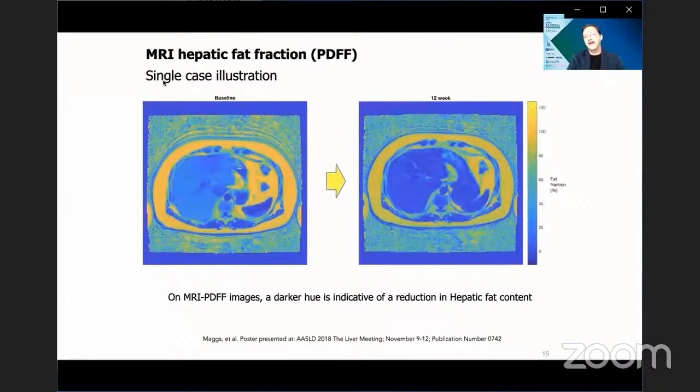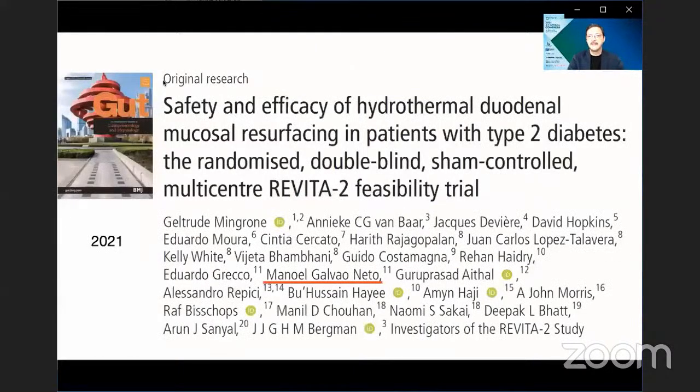Highlighting the positive impact on the liver, fatty liver, NASH, NAFLD, you see here that more dark is less fat. So this is a hepatic fat fraction MRI, and you can see here the dramatic improvement from the left to the right in one of those patients.